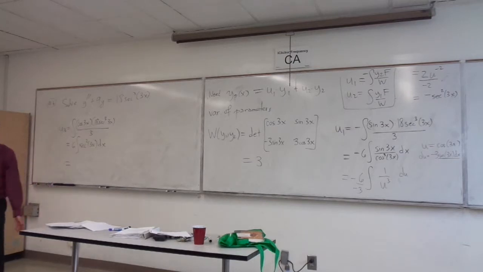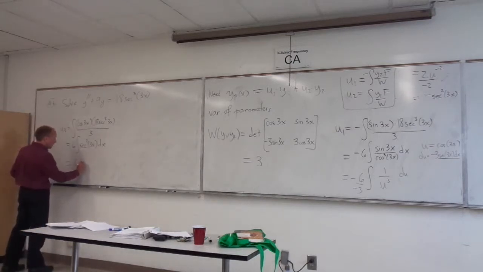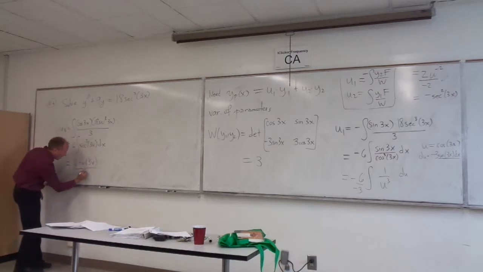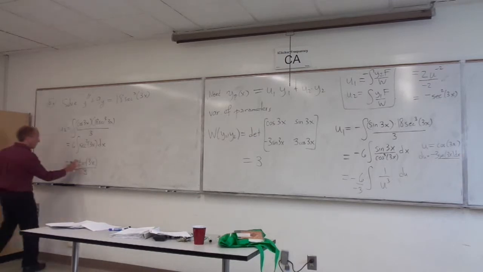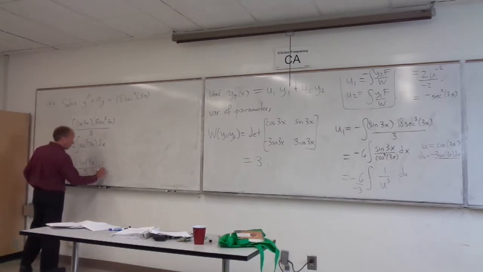So this is basically the tangent of 3x. If you take the derivative of tangent of 3x, you're going to get secant squared of 3x times 3. So I'm going to divide by 3 right here to adjust for that. And again, I'm going to leave off the plus c. So this becomes 2 times the tangent of 3x.